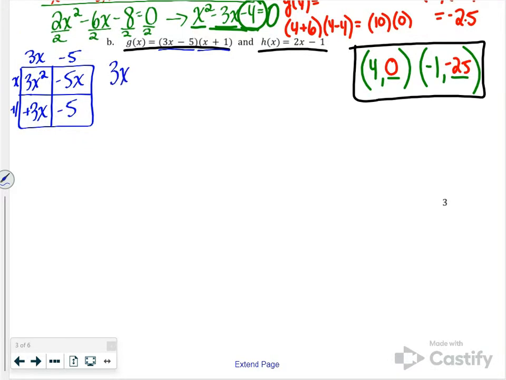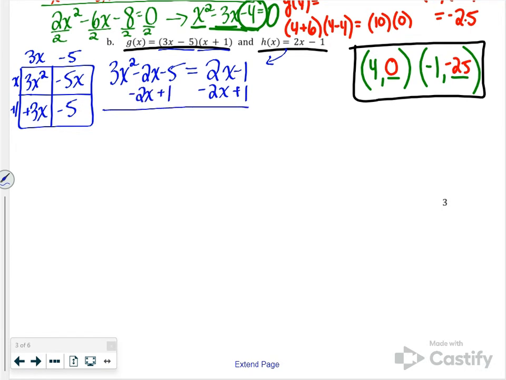So that means 3x squared, take away 2x minus 5, will all be equal to 2x minus 1. And I took that from h of x. So from here, I'm going to subtract 2x, and I'll add 1. Subtract 2x, add 1. And make sure that we are getting 3x squared minus 4x minus 4.